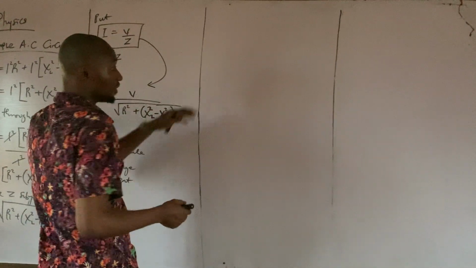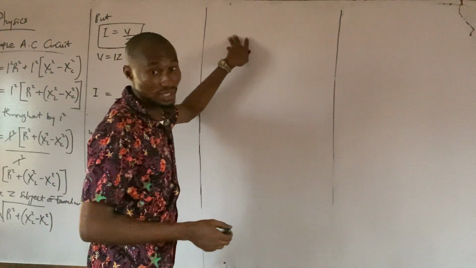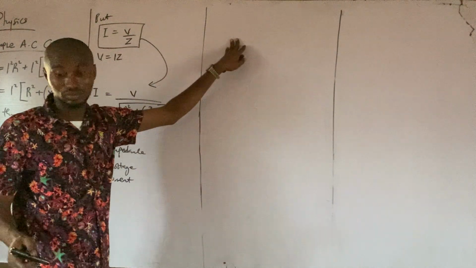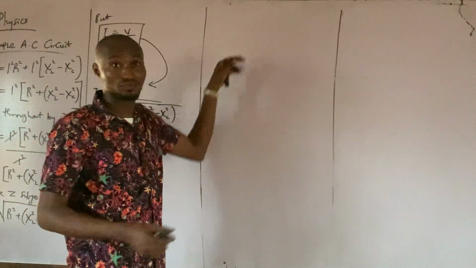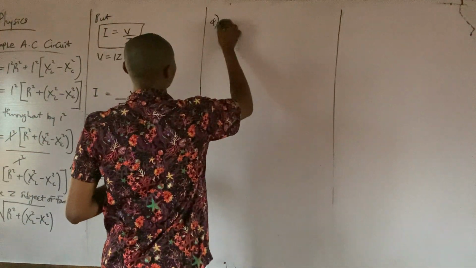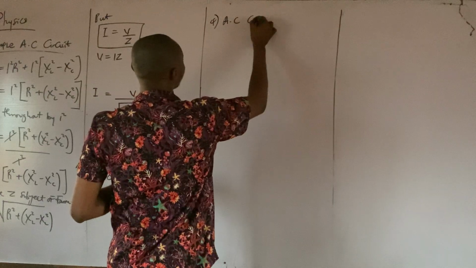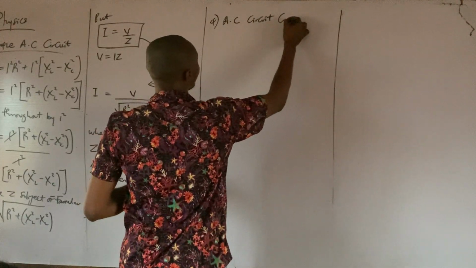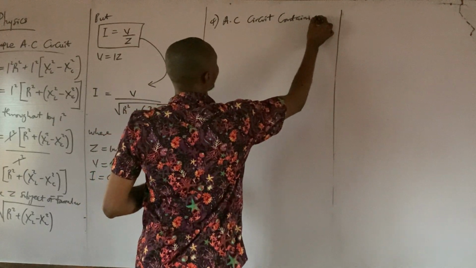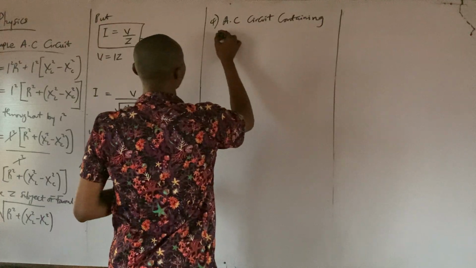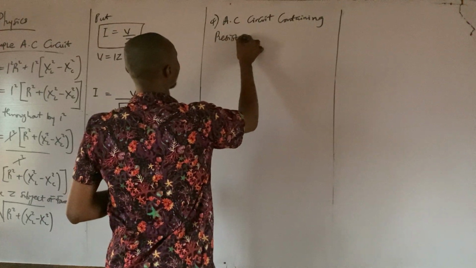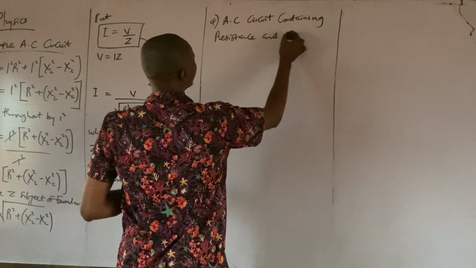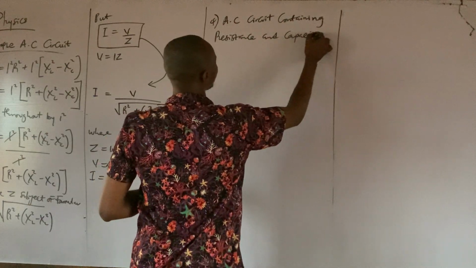So I want to clean here. Now this one will be number what now? Check your book. Number 4. So number 4 now: AC circuit containing resistance and capacitance.